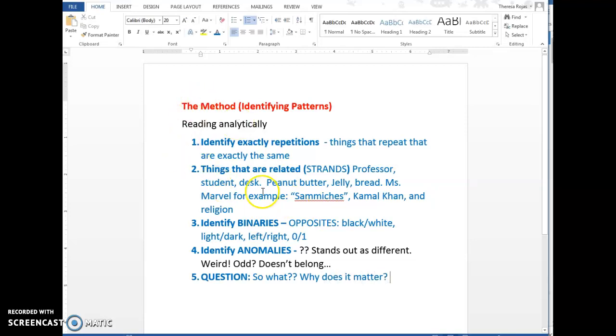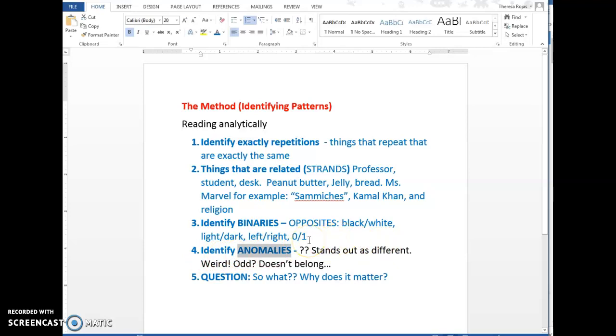So you go through all of this looking for repetitions, you look at strands, you're identifying binaries, you're identifying the anomalies, which by the way is the most fun step. It's really fun to write about weird stuff, so keep that in mind. But then you want to ask the question, who cares?